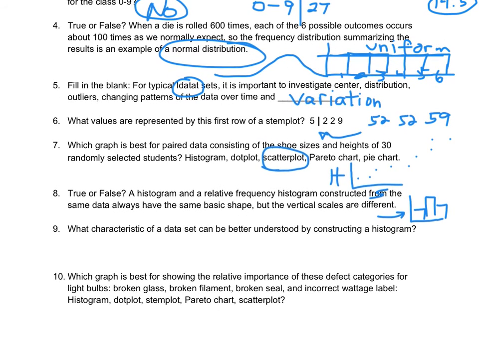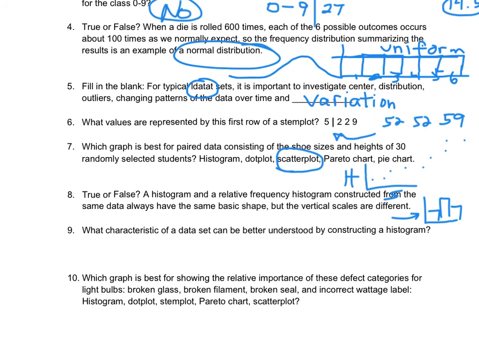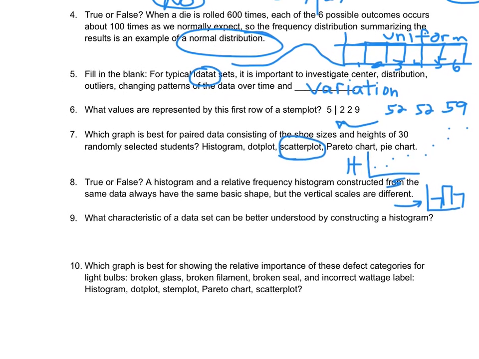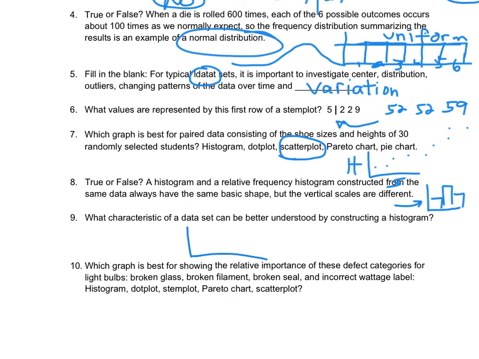Number 9, what characteristic of a data set can be better understood by constructing a histogram? Histograms are great for showing the shape of the distribution. How are we looking here? We got a lot of data to the left, and we got a few data points as we move to the right. Maybe those are outliers. Those are going to draw the mean up.